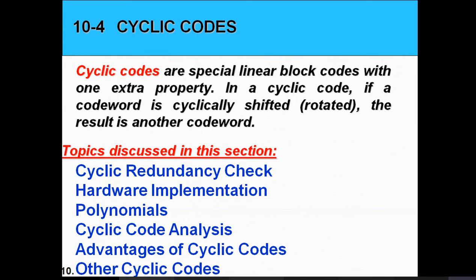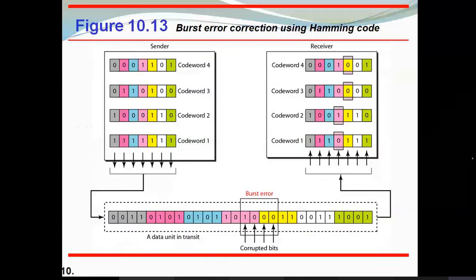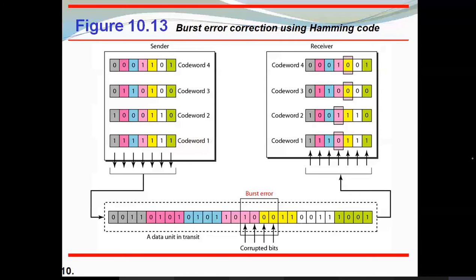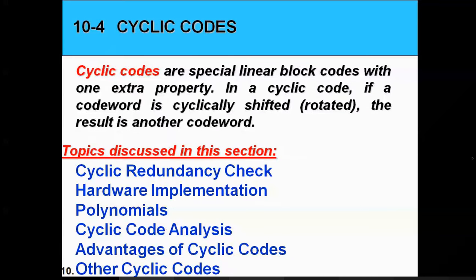If you understand. So here, in the previous method, what we have discussed is linear block codes. But here you are going to learn cyclic code. So what is the meaning of cyclic code here? A cyclic code is a special linear code with one extra property. In a cyclic code, if your code word is cyclically shifted, whatever data you shift out, you add that back to the same number.